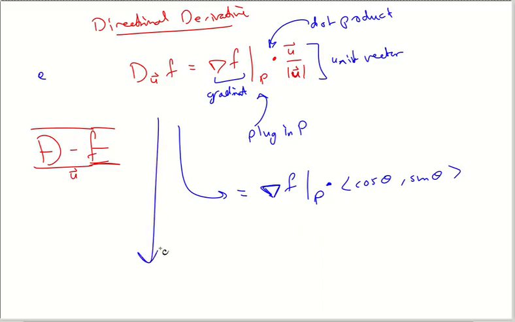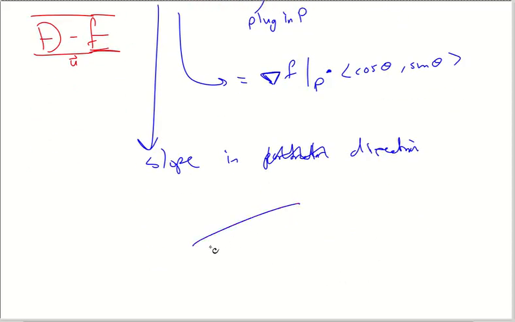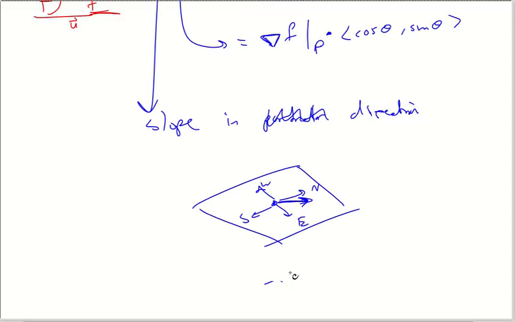This is all really just slope, but in a particular direction. Let's say we have a plane and we have north, east, south, and west. Along this pathway, how much slope do I have?